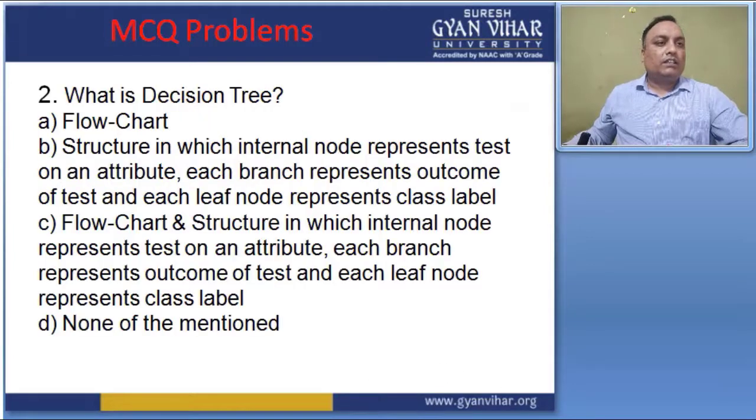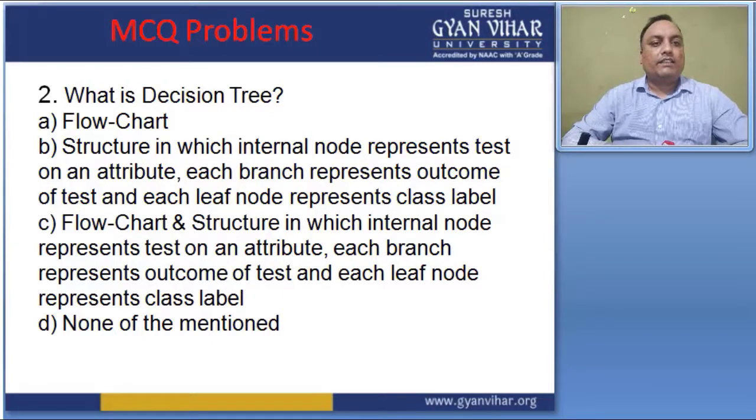The next question. So what is a decision tree? For this case, this is the flow chart. This is the structure in which internal nodes represent a test on an attribute, each branch represents the outcome of the test, and each leaf node represents a class label.